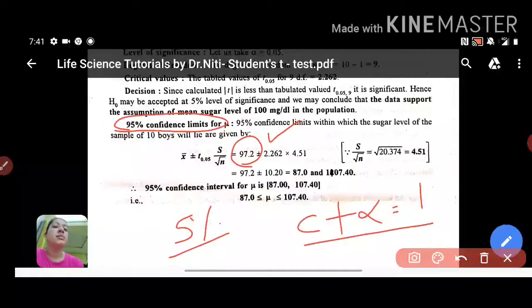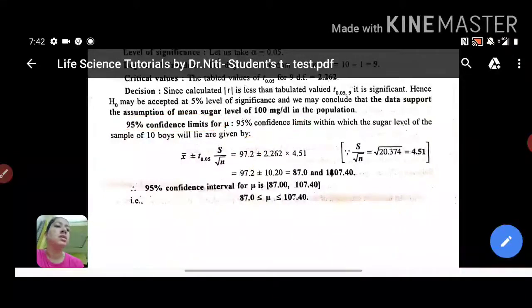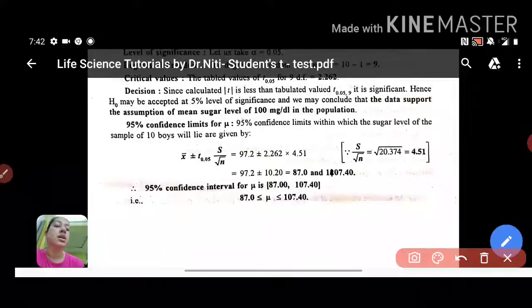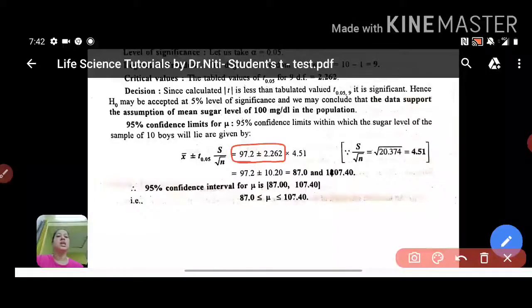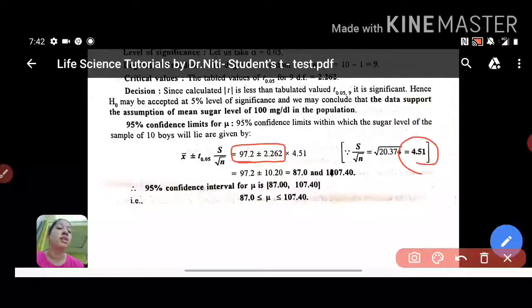That means the mean varies as 97.2 plus or minus 2.262 times the standard error, which gives a range of variability of the mean. The standard error of difference between means is 4.51, which means there are chances of error of 4.51.